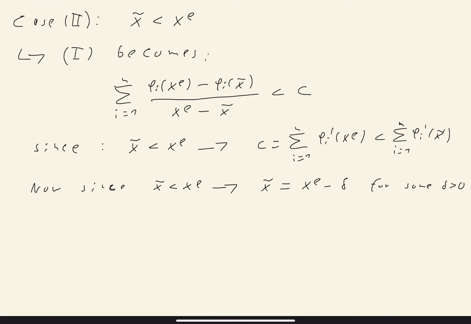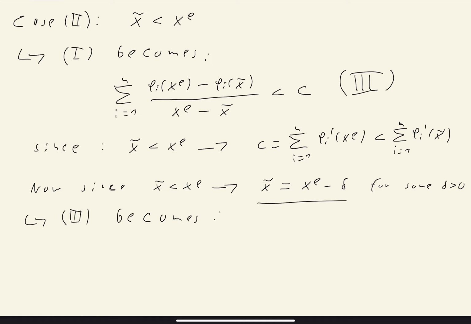So let me call this inequality number 3. Therefore, 3 becomes the following.